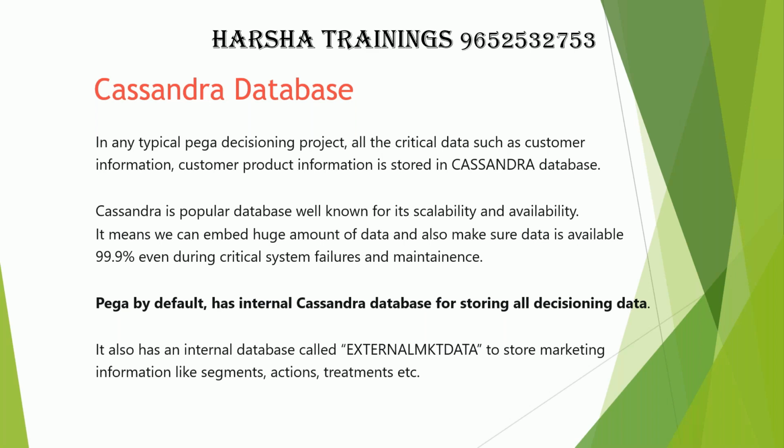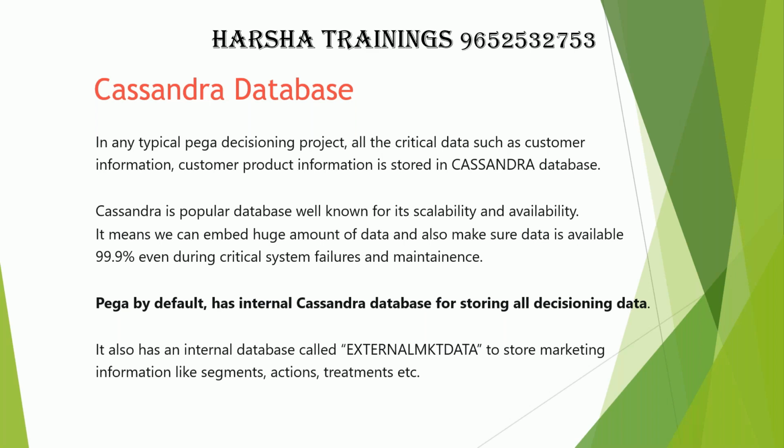So scalability and availability, because you need to always interact with customers. Marketing means you are interacting with the customers, you are sending emails to them, you are getting responses from them, you are sending this information for the models. 10 million customers' information you have to insert into the models.